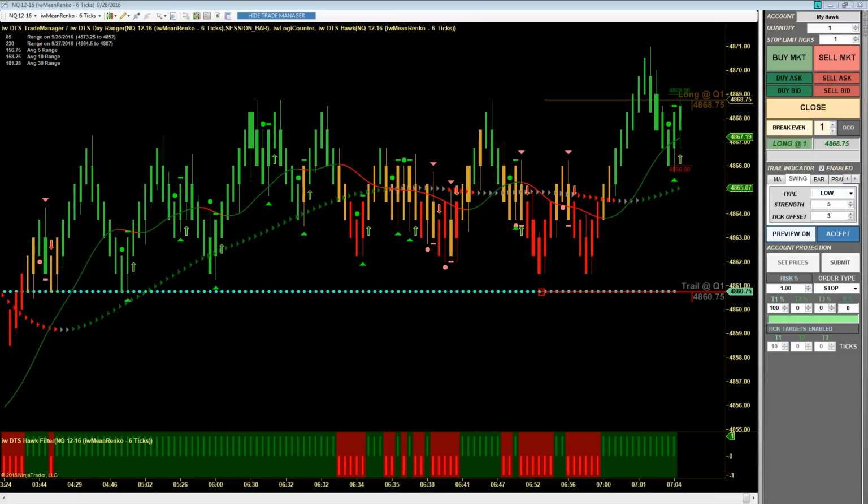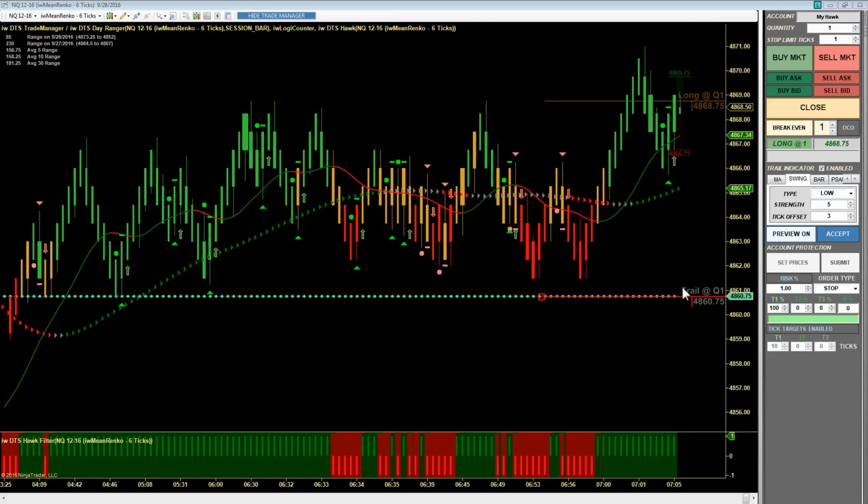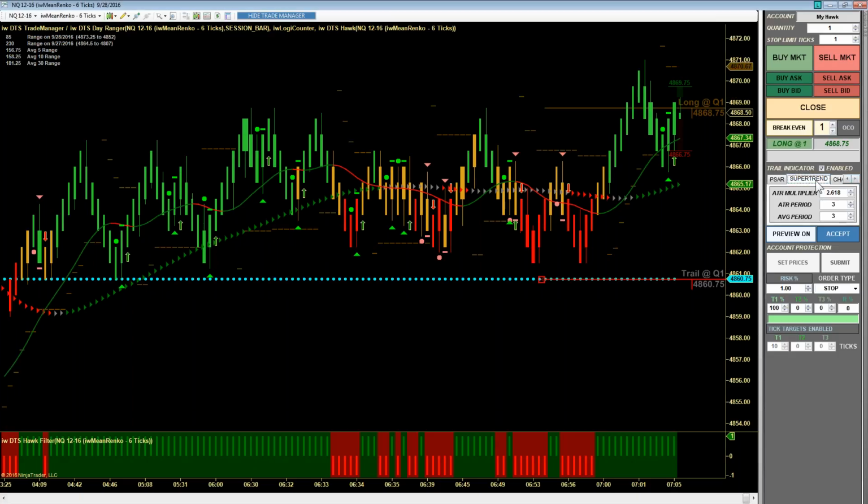All right, so I can preview other stop strategies as well. Let's say I wanted to go with something like super trend. I don't know how well you can make out those orange hash marks, but that's the preview of the super trend.